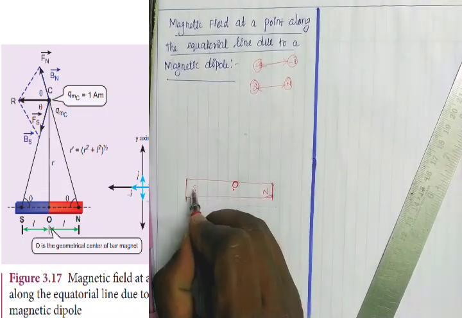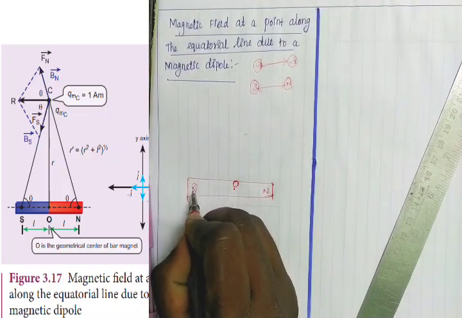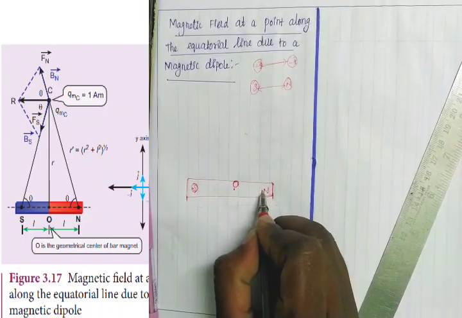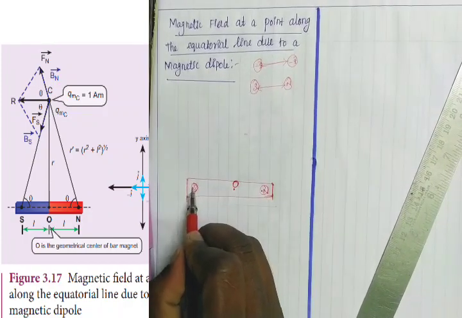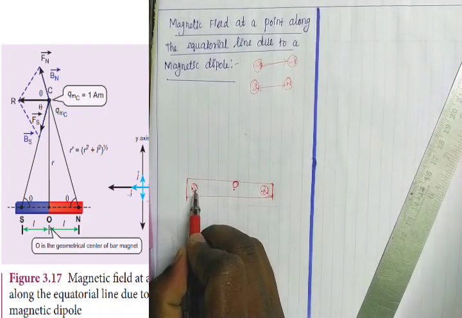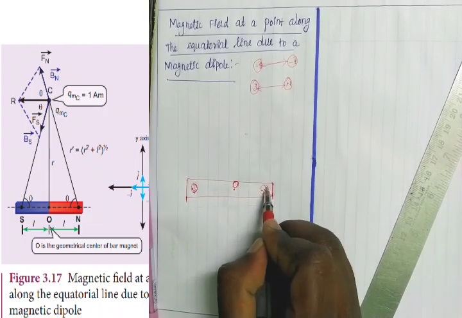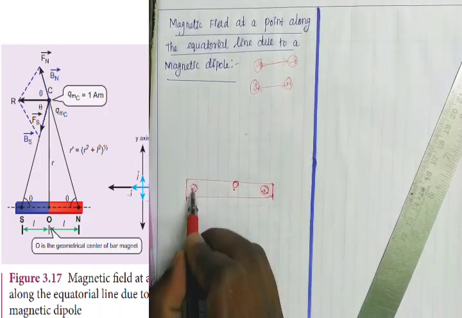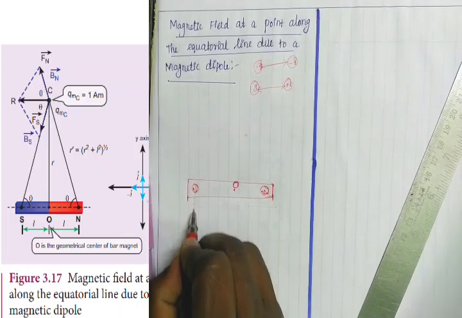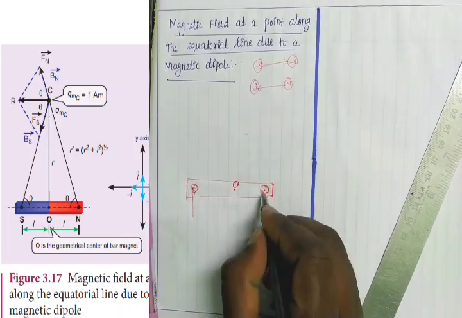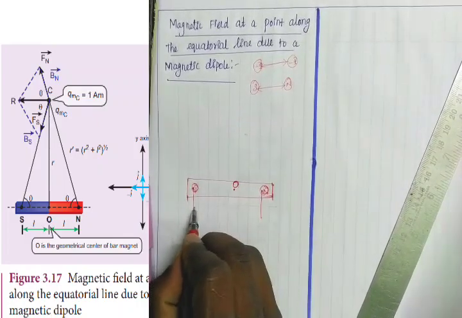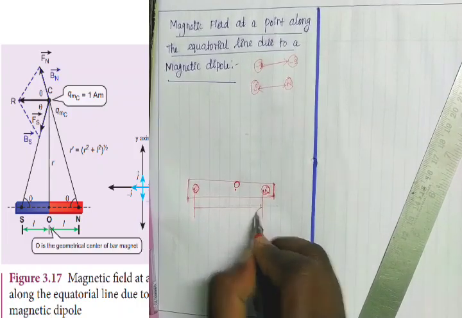The next one is the distance between the magnetic poles. This point is the magnetic south pole, and this is the magnetic north pole. The distance between the two poles is called the magnetic length.